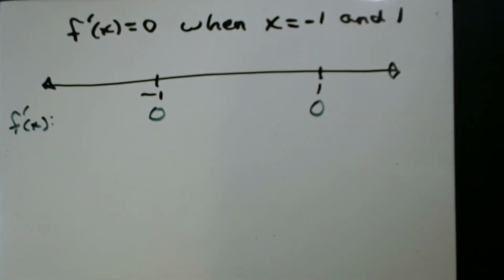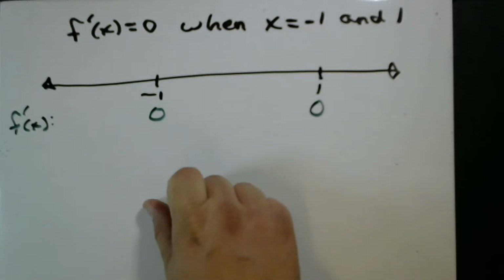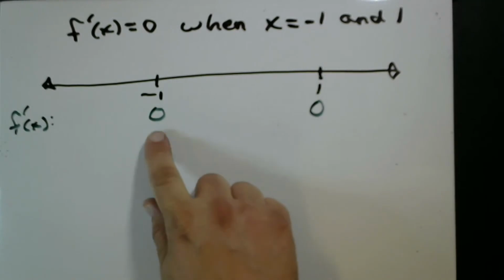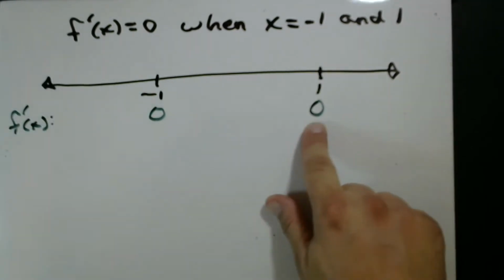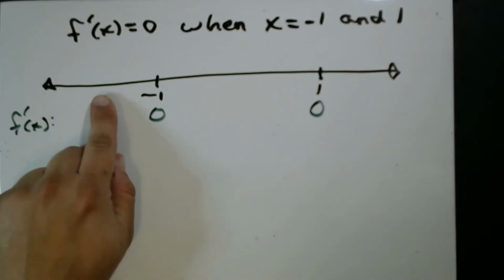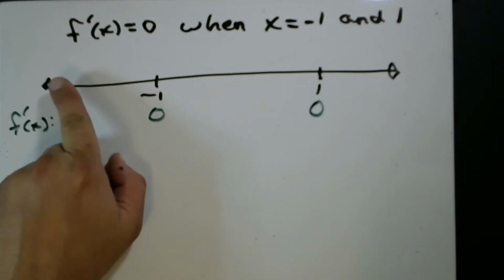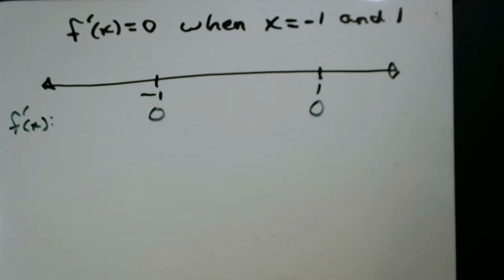Because f prime of x is continuous, that means it's a smooth function with no sudden jumps or gaps. It'll only go from positive to negative or negative to positive here or here. So that means if we find the sign of f prime of x at one point, we can assume that will be the sign of f prime of x for all the points in this part.